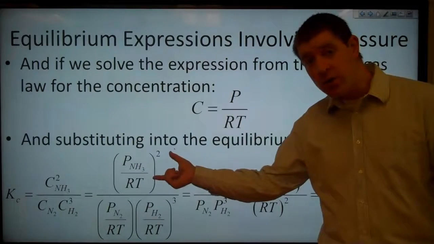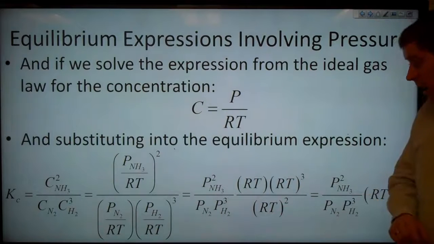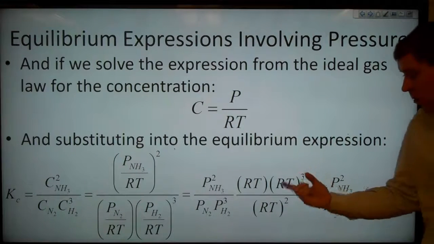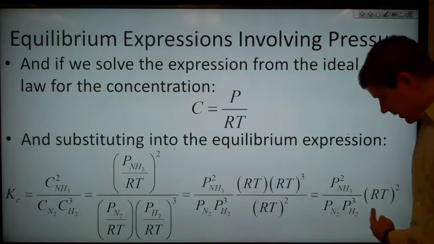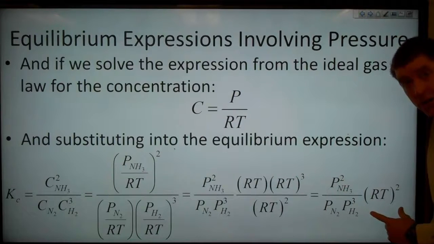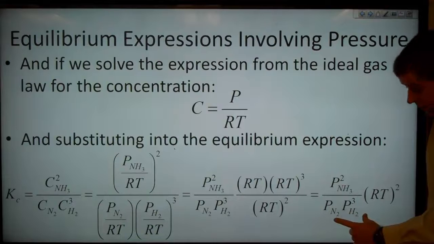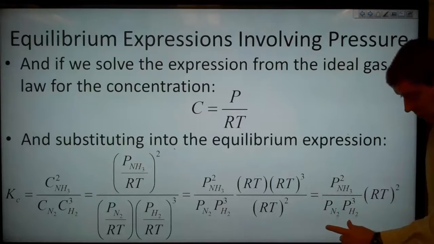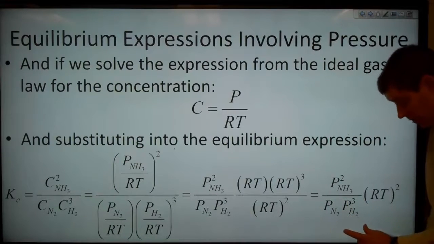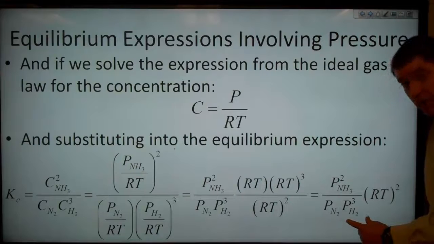Then we're simplified, so that we end up with RT squared times our pressure terms. And now we have the pressure of ammonia squared divided by the pressure of nitrogen times the pressure of hydrogen cubed.